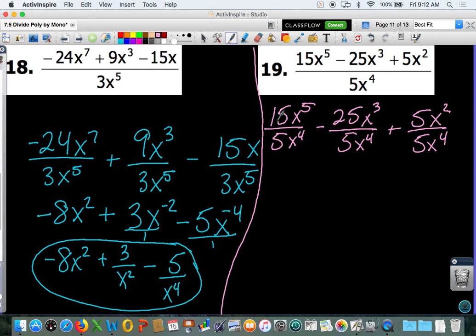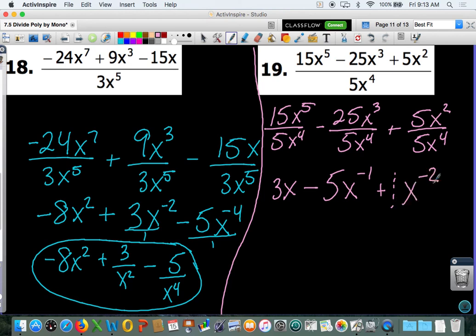Simplify. 15 divided by 5 is 3. 5 minus 4 is x. Minus 25 divided by 5 gives me 5. x to the 3 minus 4 is negative 1. Plus 5 divided by 5 is 1. x to the 2 minus 4 is negative 2.